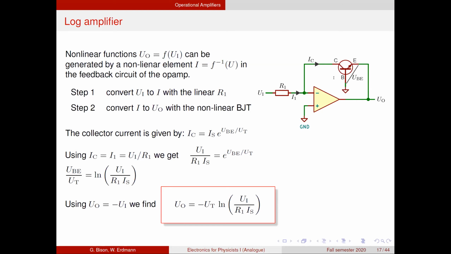Now in this case here, we want an exponential dependence, and one way to realize that is with a transistor.